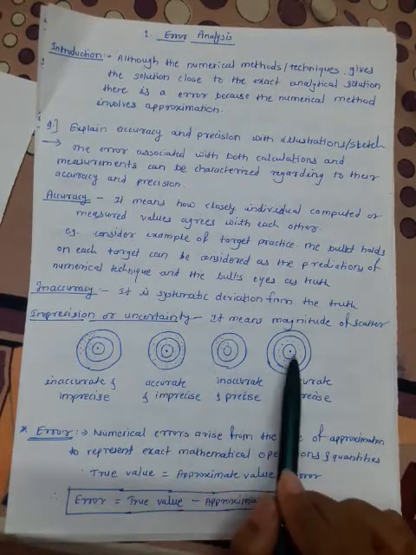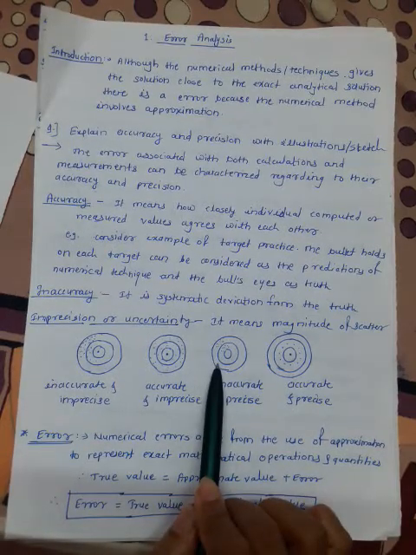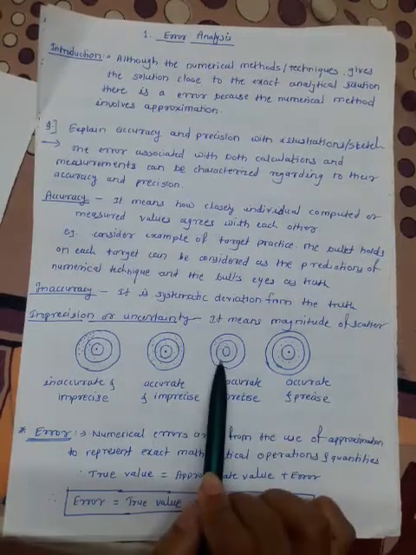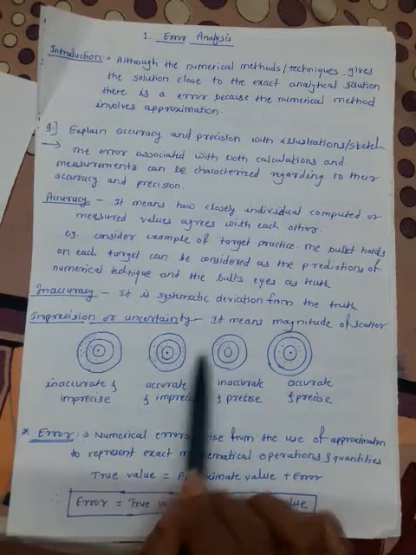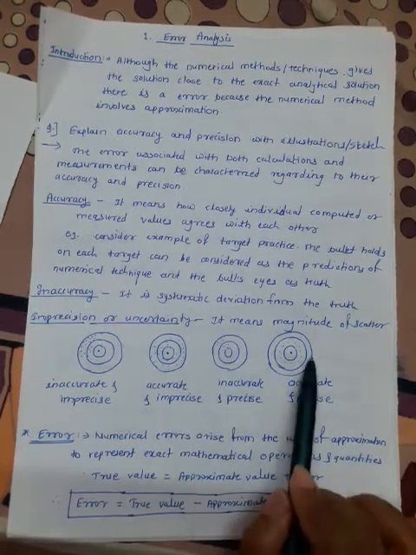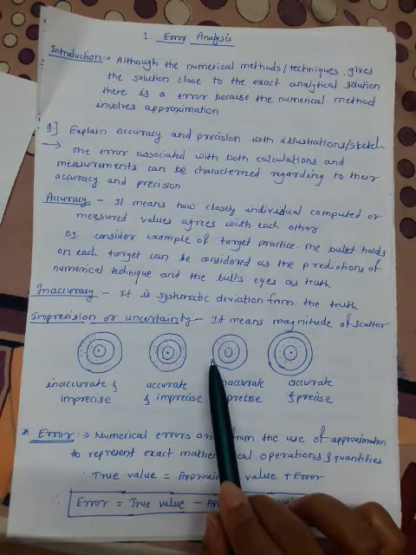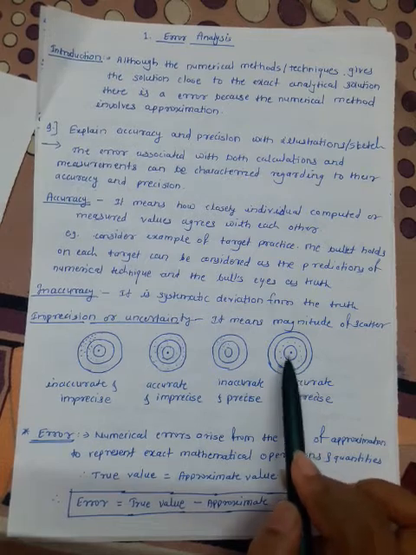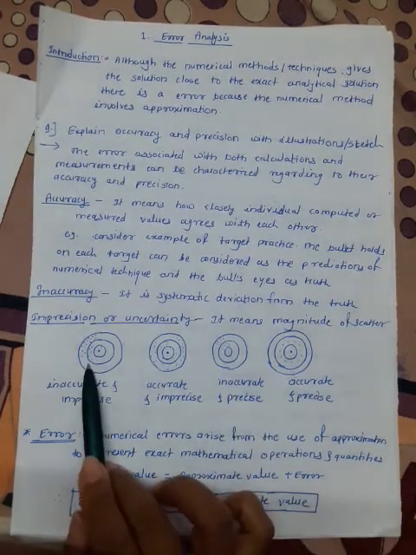That's why these are accurate, but these are not accurate. These are equally spaced, that's why they are accurate. These are not equally spaced, a few points are away from the bullseye. But in these two targets, our points are equally spaced around our bullseye. That's why these are accurate, these are not accurate.